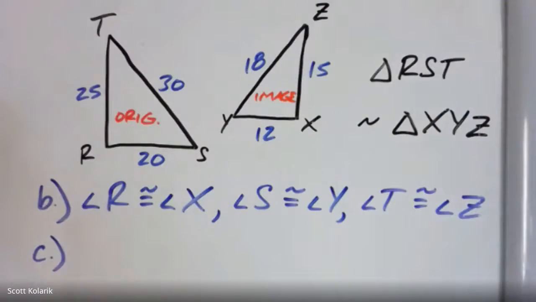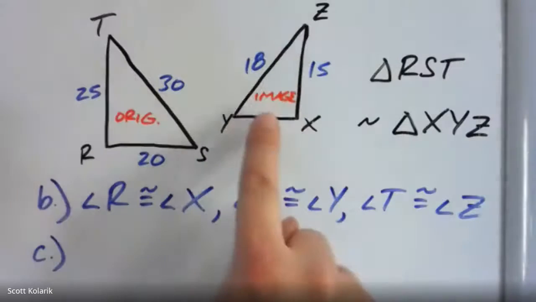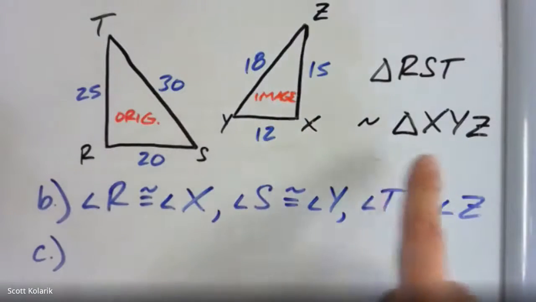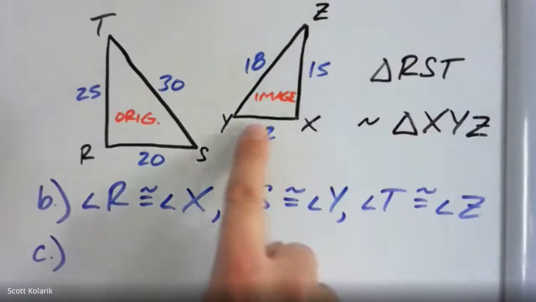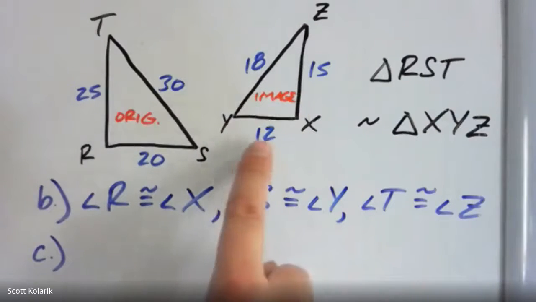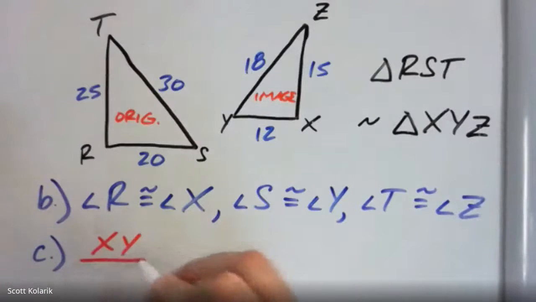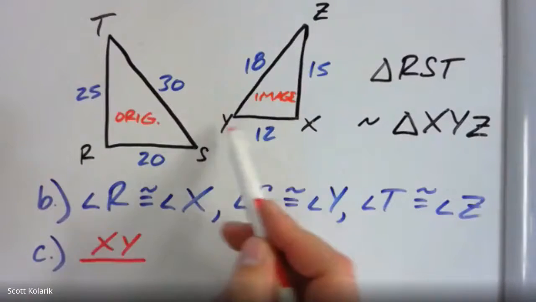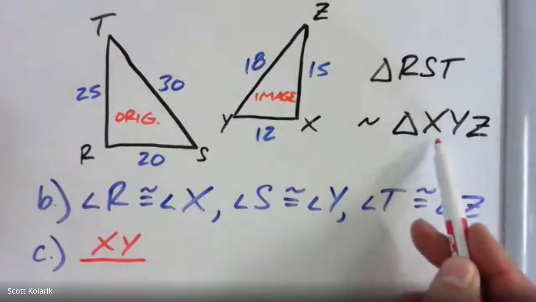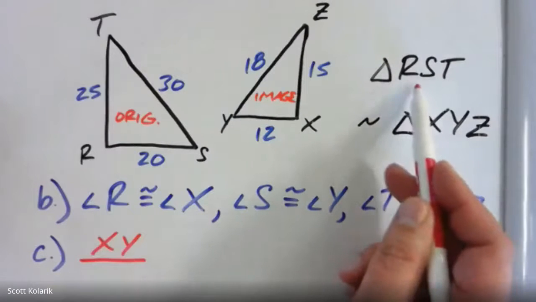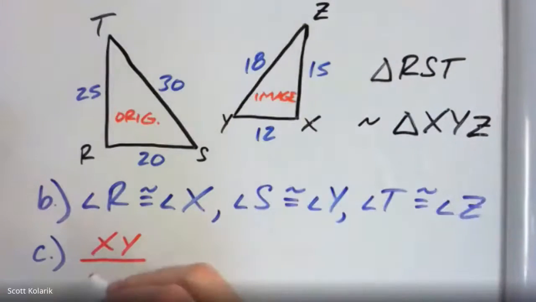To keep uniformity, I'm going to put image values in the numerator. So I'm going to start with XY, the image, in the numerator. XY in the numerator is going to correspond to the first two letters of the other triangle, in this case RS.